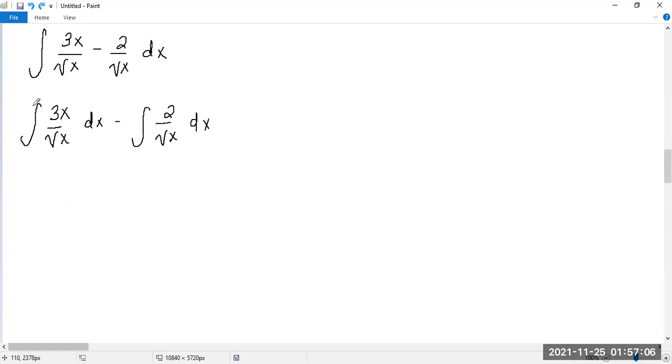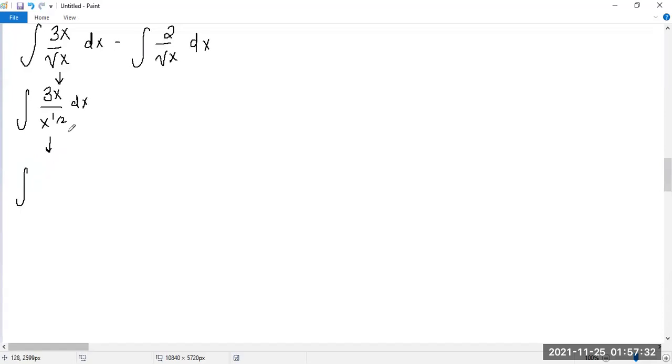So how do we solve this piece here? Well, again, this isn't of the form where we can use the power rule, so we want to put it in a form where we can use the power rule of integrals. What comes to mind is that under root x is the same thing as x to the 1/2, dx.